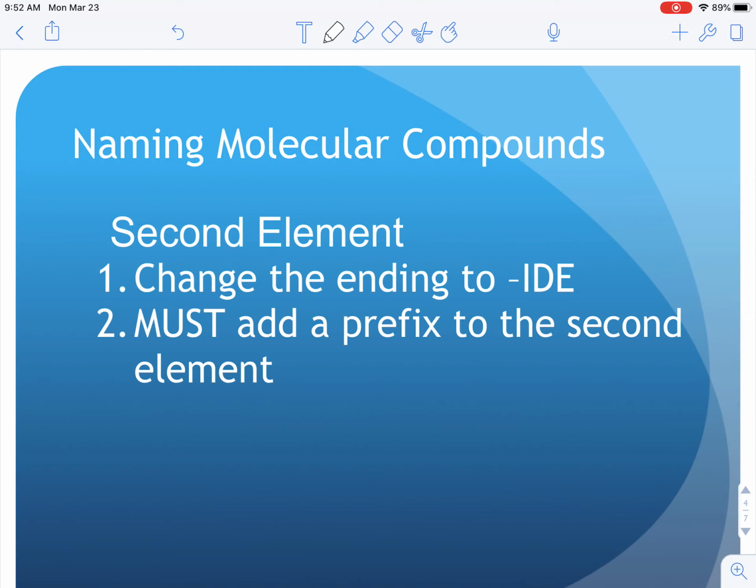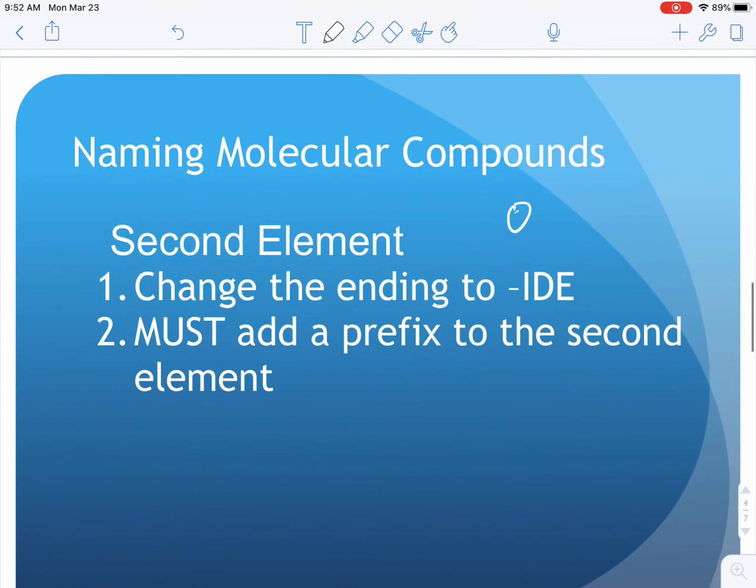All right. On the second element, same thing that we did with ionic. You're going to take the ending, so let's say it was oxygen, right? You're going to change that to oxide, all right? And in this case, you have to add a prefix regardless of however many you have. So the prefix is going to come in, just saying however many you have, whatever number it is you have.